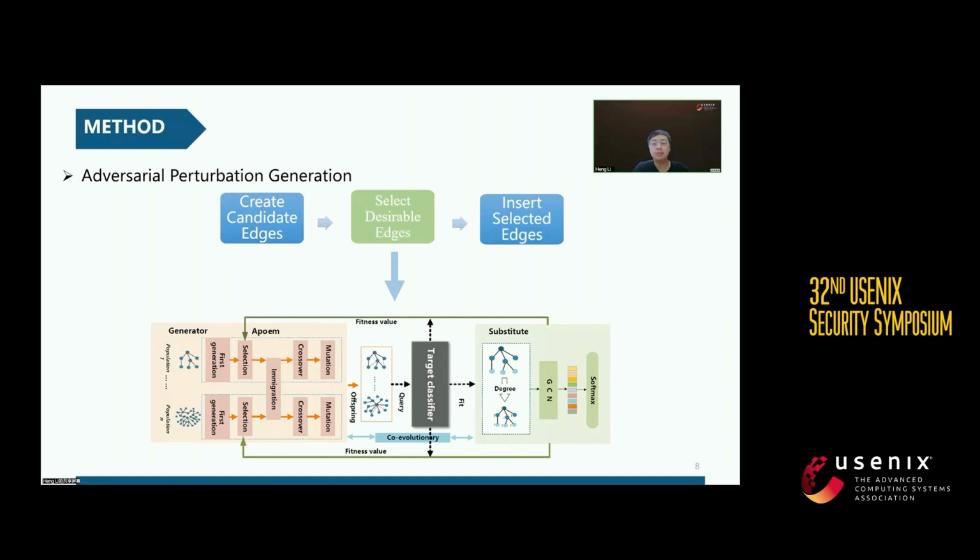It is implemented with an adversarial multi-population co-evolution algorithm. We refer to this algorithm as APOEM. The discriminator is introduced to stimulate the generator to improve its perturbation. It is implemented with a graph convolutional neural network, which acts as a substitute network to simulate the target model.